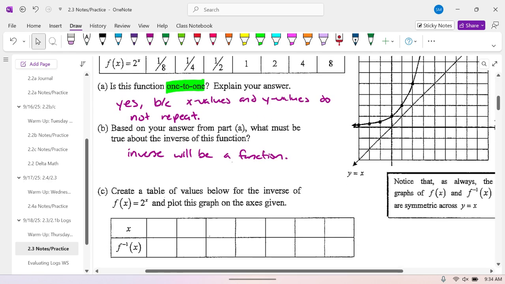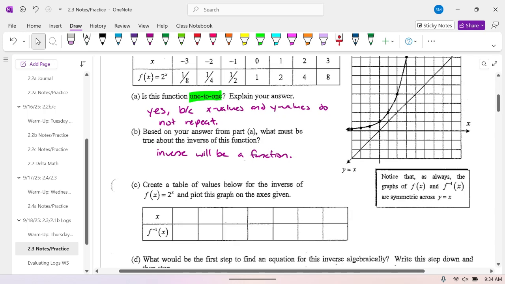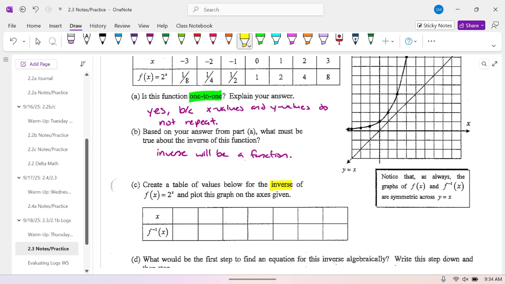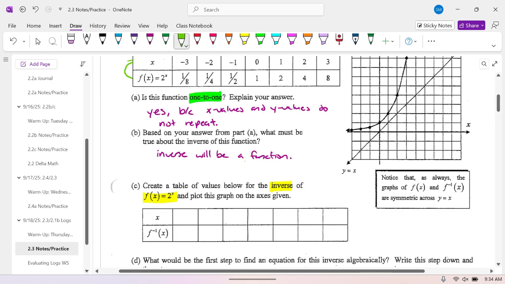So since we're, all right, so now we're trying to find the inverse of the table that we were already given. So how do I write the table out for that? What do I have to do? Just switch the x and y's. So up here, I'm just going to flip these two rows.